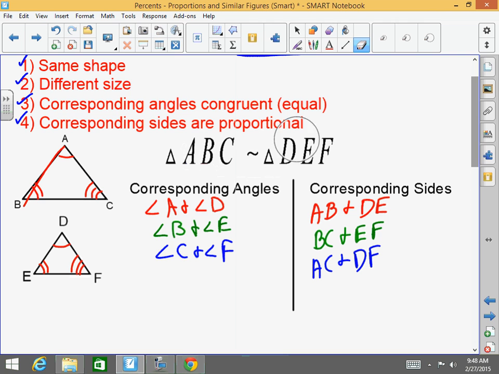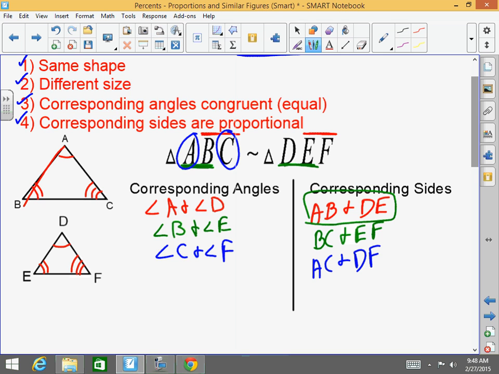Look, the first two letters and the first two letters, A, B to D, E. Then B, C to E, F. Then A, C to D, F. Yes, because there are three sides, aren't there? So there's three corresponding sides.